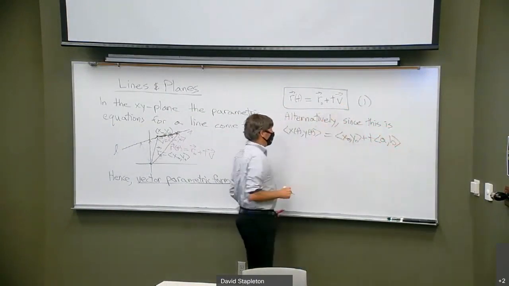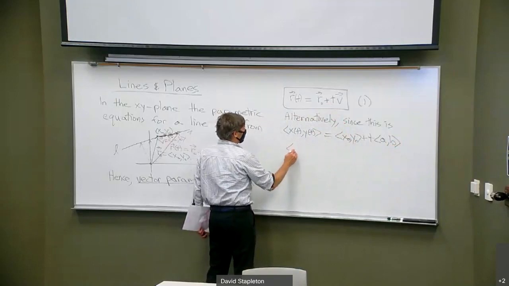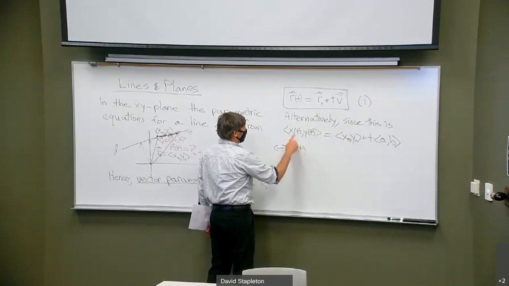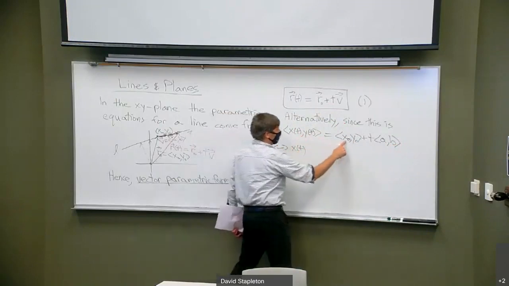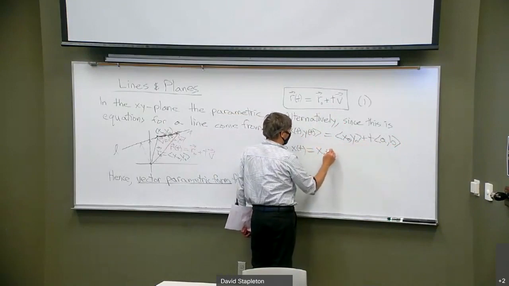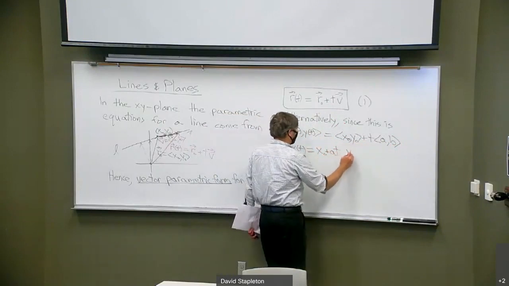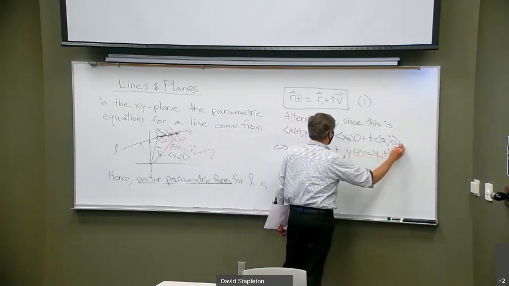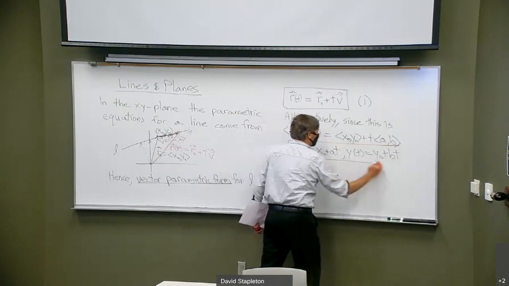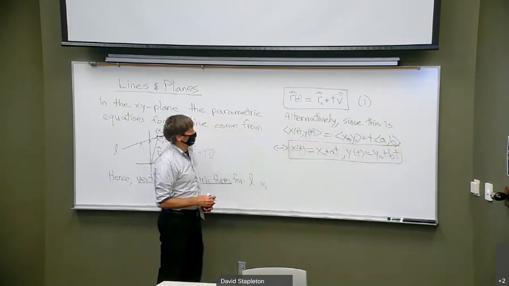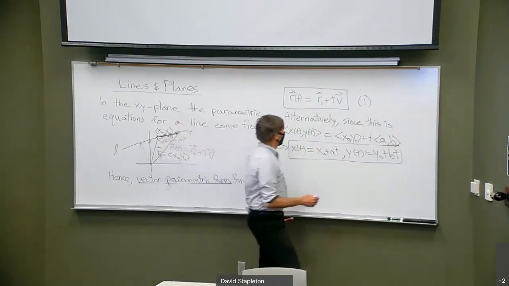That's what that says. And so this says equivalently, by equating components, that x of t, the first component on this side, is equal to the first component on this side, equals x0 plus at. Similarly, y of t is y0 plus bt. So this is equivalent. Saying that the two components are equal is equivalent to saying that the two vectors are equal. We'll call this equation 2.